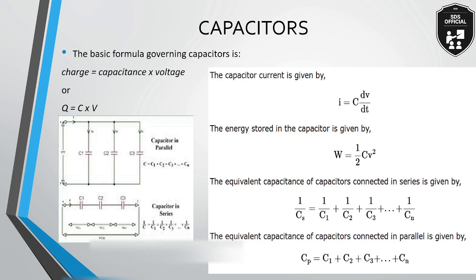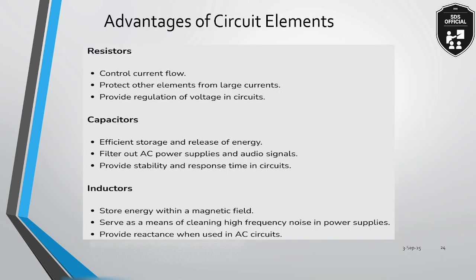Okay, let us discuss the advantages of circuit elements. So what are the advantages of resistors? They can control the flow of current by resisting the current. They can protect other elements from large currents. Let us say you have connected a bulb to a voltage supply and abruptly the voltage has increased due to any complication or defects.